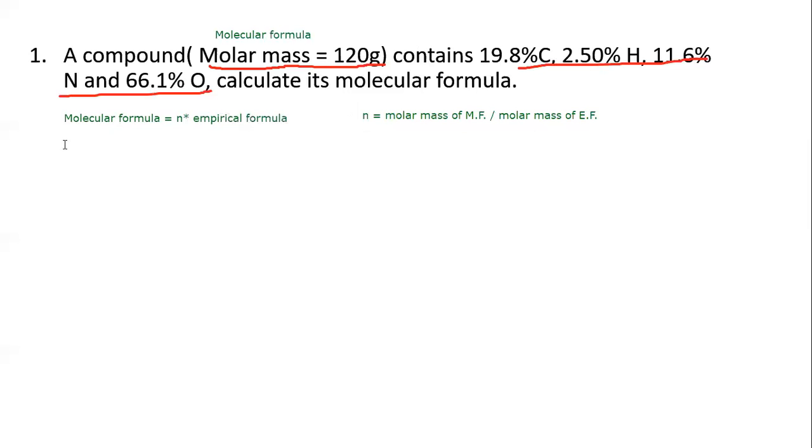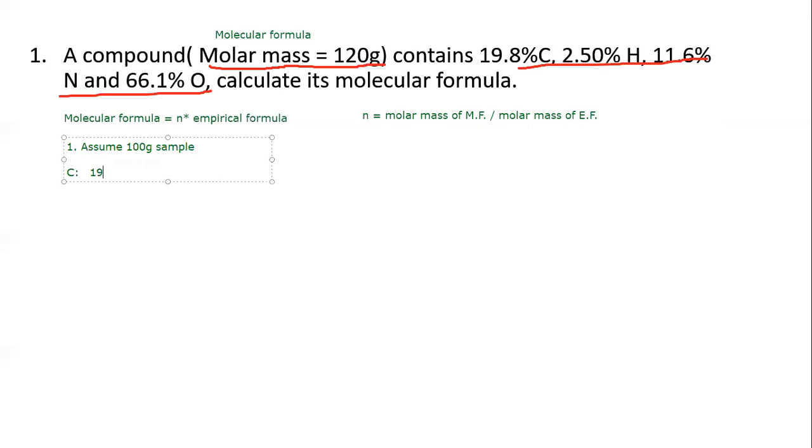So the first thing we need to do is, since it's given us percents, we need to assume a 100-gram sample. And the reason we assume a 100-gram sample is because it's very easy to take the percent of 100. And so now we get the mass of each element.